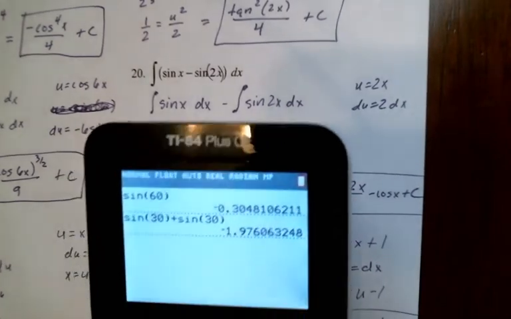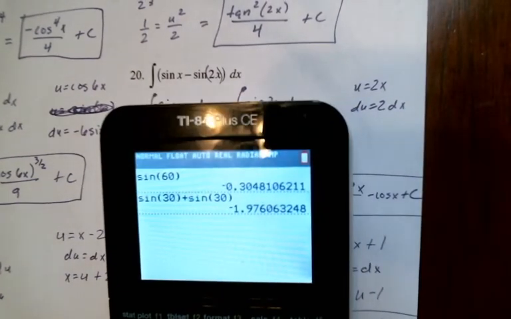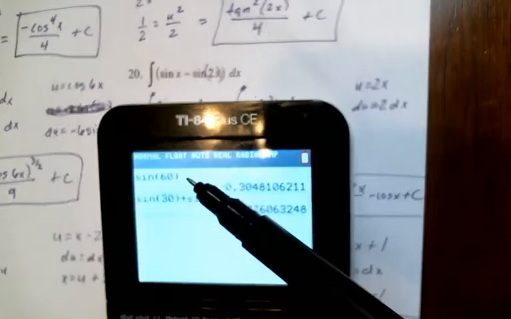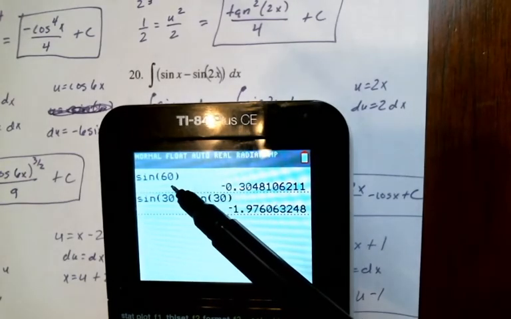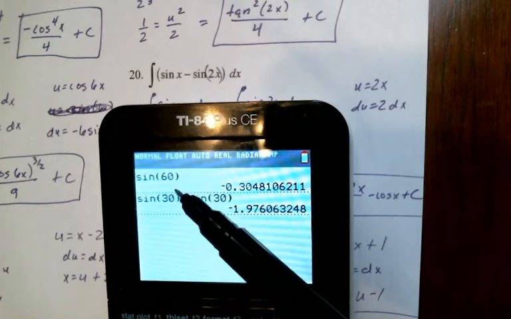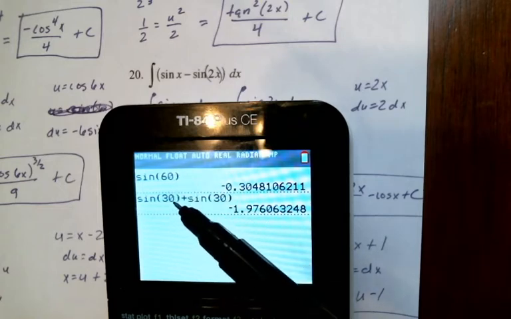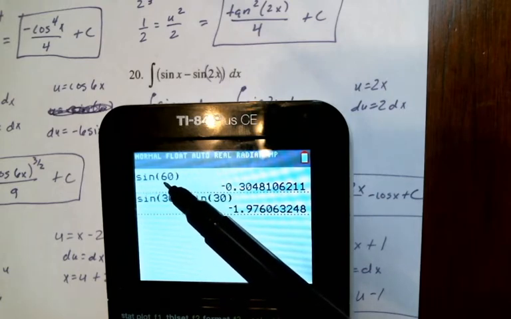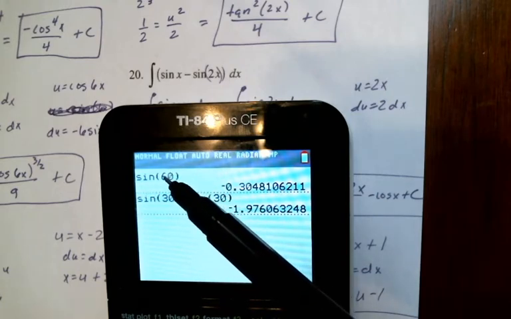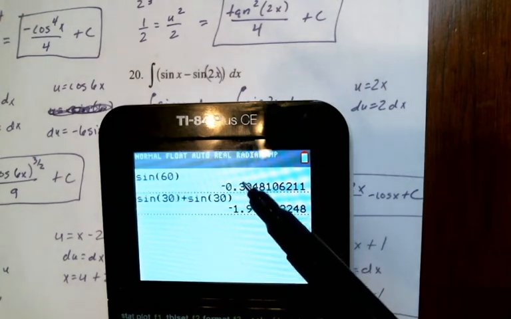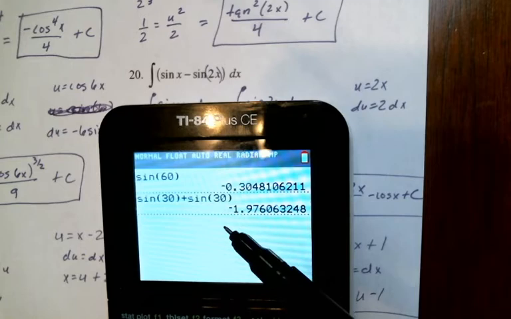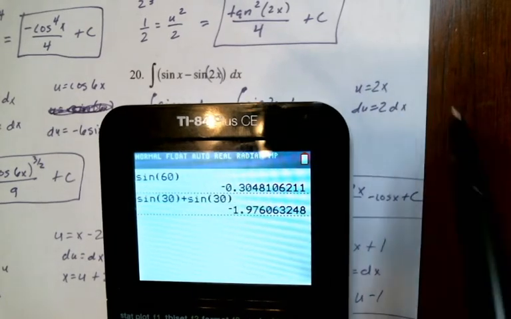So right here, just to explain, good approach here, but just to explain this. So sine of 2x, and I put my calculator here in degree mode just because I think you all would be able to see this pretty good. But sine of 2 times 30 degrees, which would be sine of 60, would be negative 0.3. And sine of 30 plus sine of 30 would be negative 1.97. So that shows it's not the same.